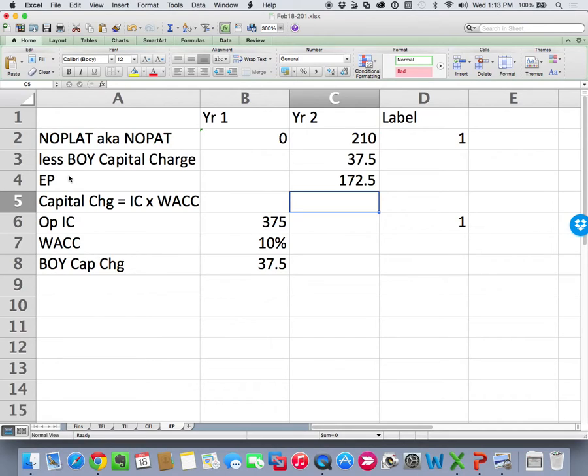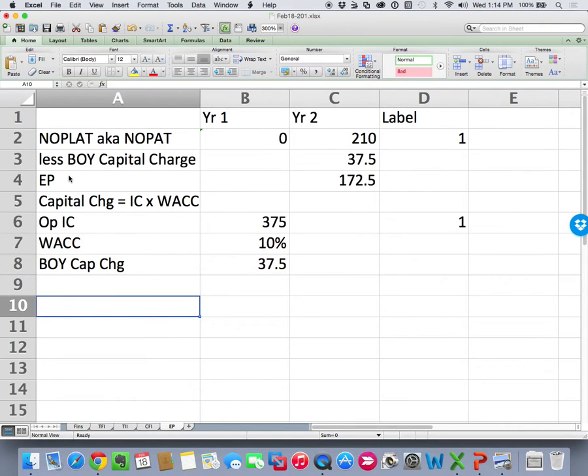Okay, so let's go back. Method 2 is called the spread method. Spread equals ROIC minus the WACC.